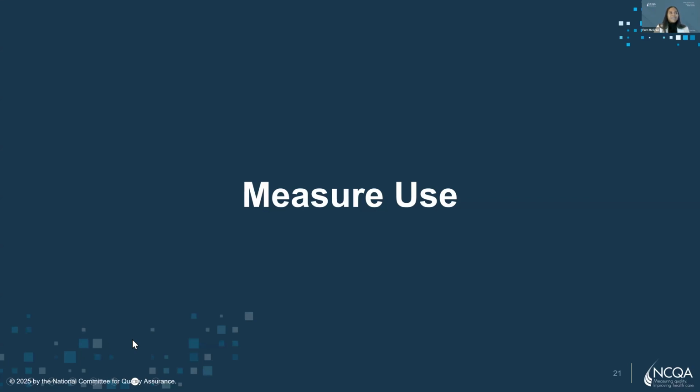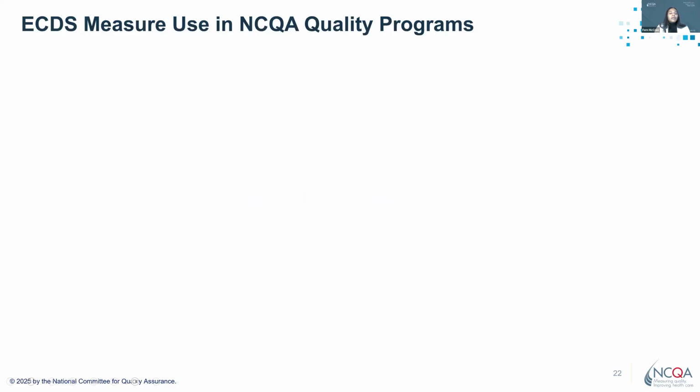So we talked about the different transitions, the ECDS measures or traditional measures that have been transitioning over to the ECDS method. Now we just want to spend a little time to highlight some ways in which these measures are currently being used. So first, at NCQA, we use measurement, transparency, and accountability to highlight top performers and drive improvements in care.